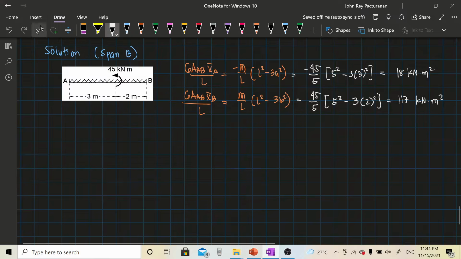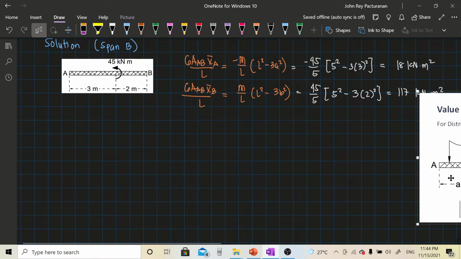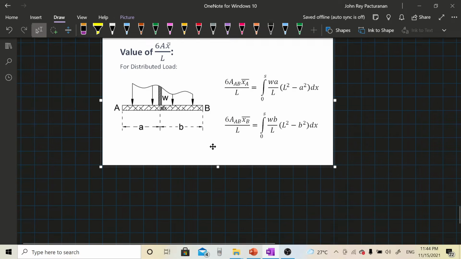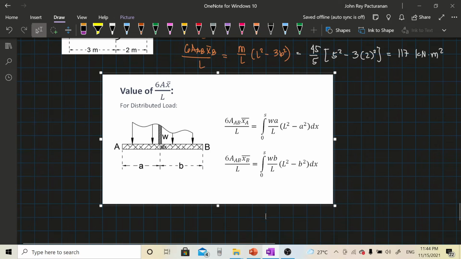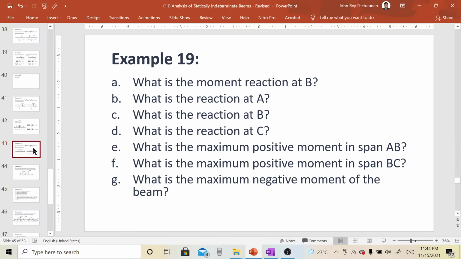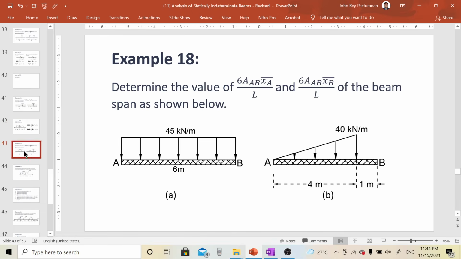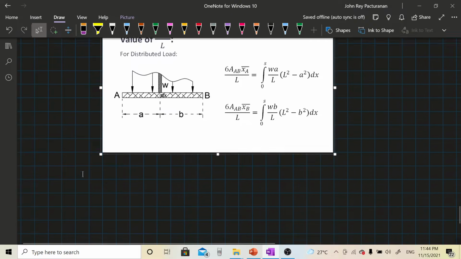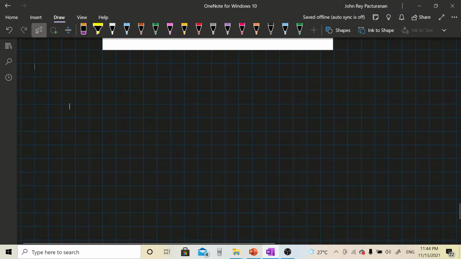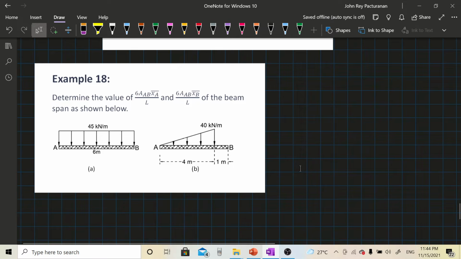Then, as I said, we can solve an example so you can better understand the values. So let's solve this one. For this problem, let me just read it.